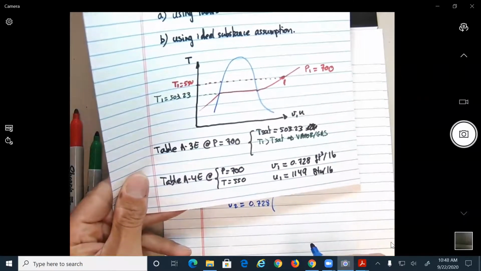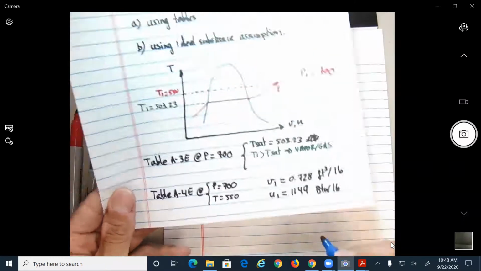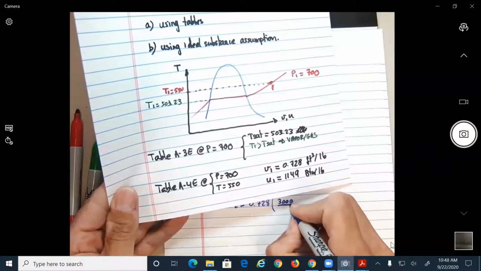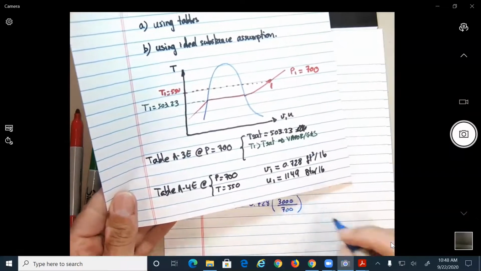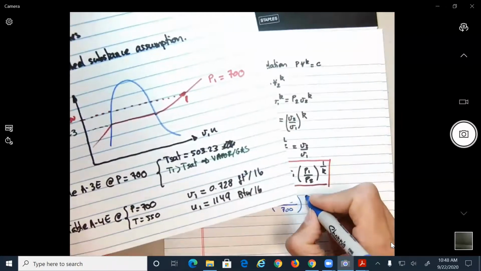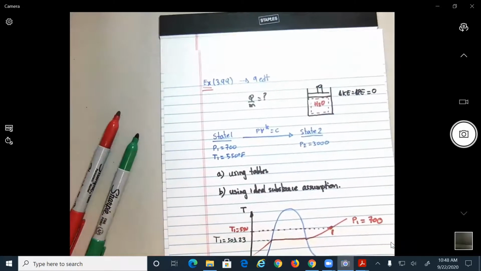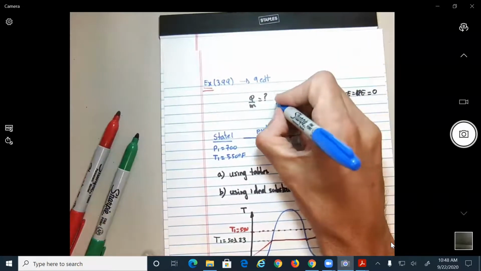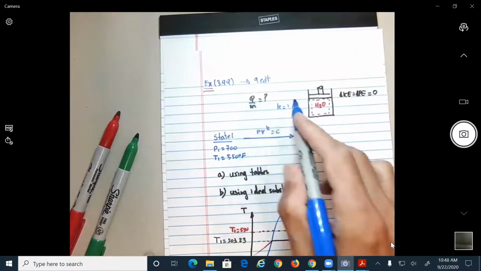Now P2 over P1, so as P2 is 3,000 divided by 700. Units don't matter because it will cancel out. To the 1 over K. Oh, I forgot to give you something in this problem. In this problem, they tell you to use K equal to 1.6. So sorry, I forgot to give you that on the problem statement.